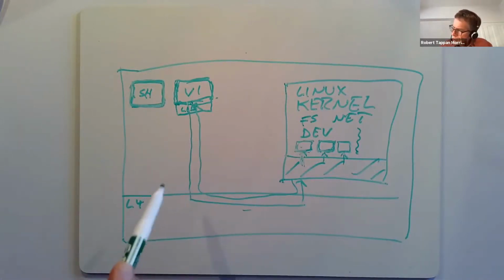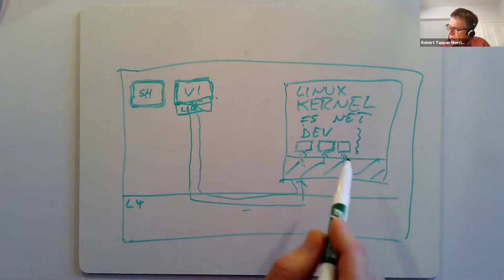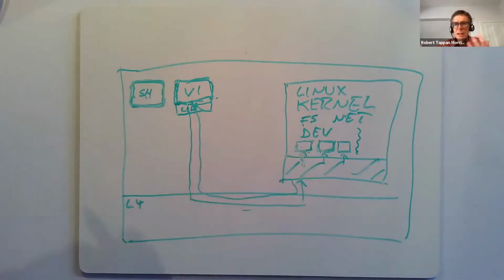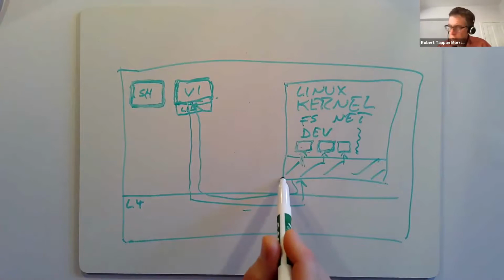A drawback of this arrangement is that in ordinary Linux, in native Linux, like you would run directly on your laptop, Linux has a lot of sophisticated scheduling machinery that can do things like impose priorities on different processes or ensure various kinds of fairness. And that works fine on your laptop, because Linux is in control of what process is running on each core. But in this setup, Linux is not controlling that at all.